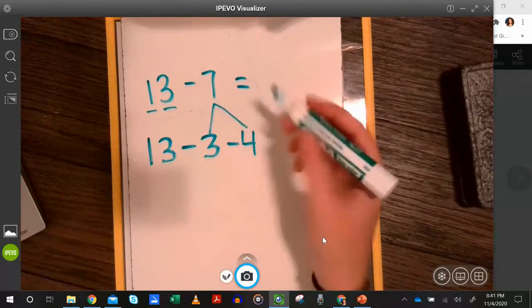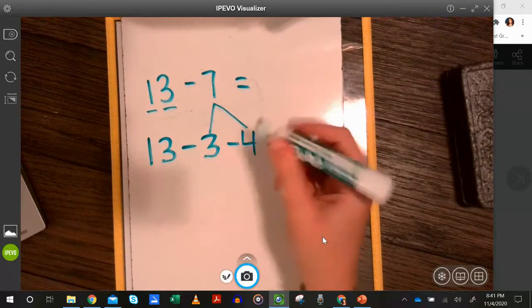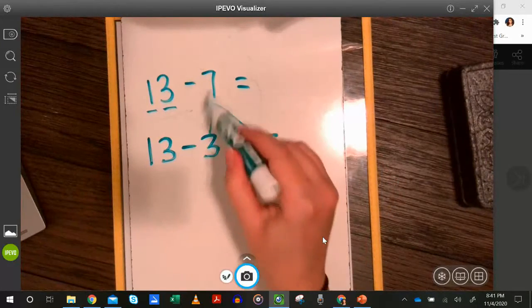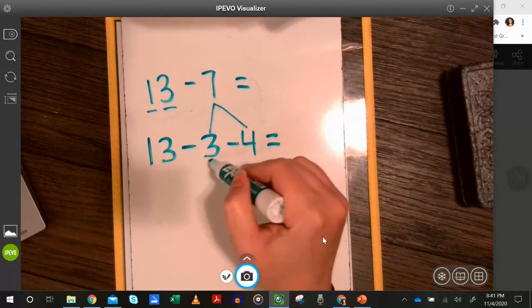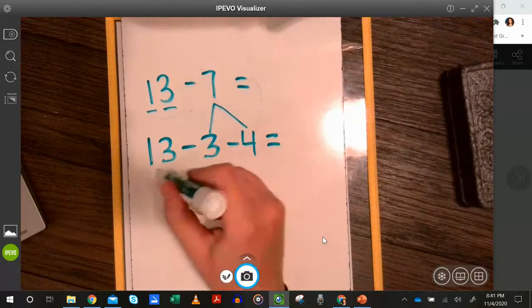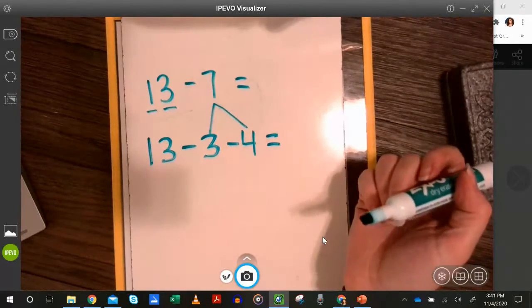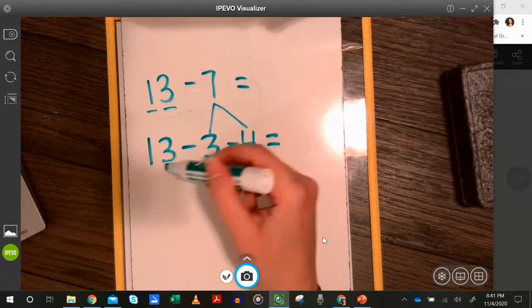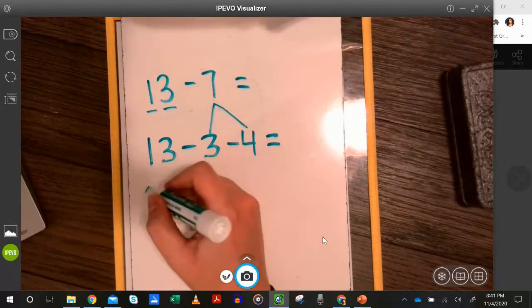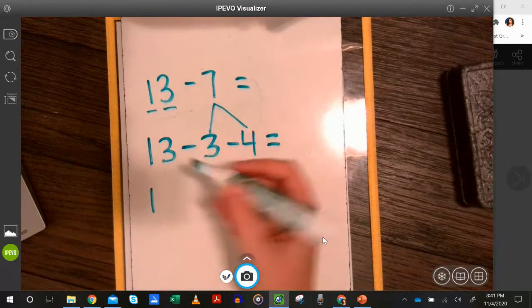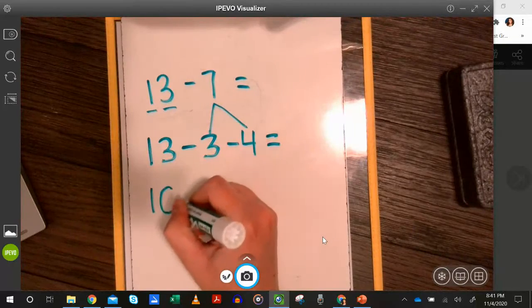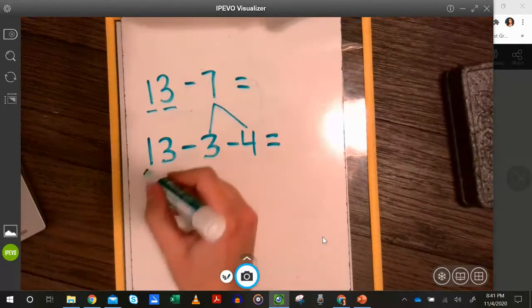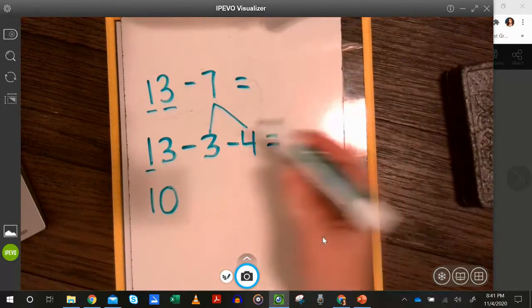So 13 minus 3 minus 4. I'm still taking away 7. I just broke the 7 into 2 pieces, 3 and 4. 13 minus 3, that's easy to think about. We just put back in the 0. 13 minus 3 leaves us with just a group of 10. The 10 still there.